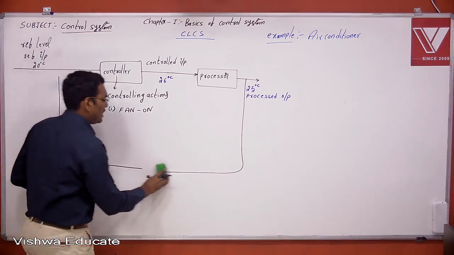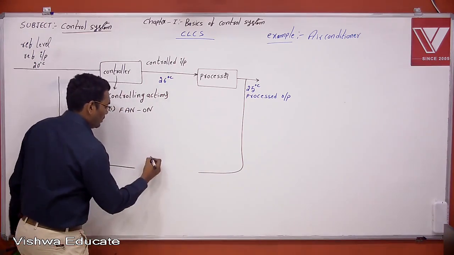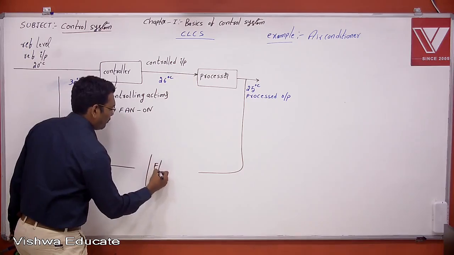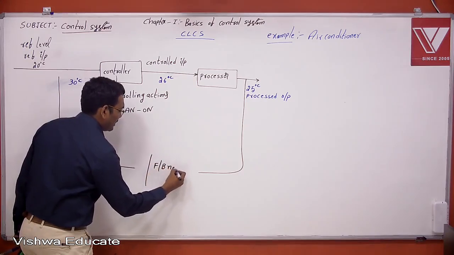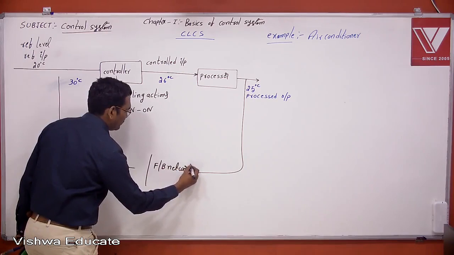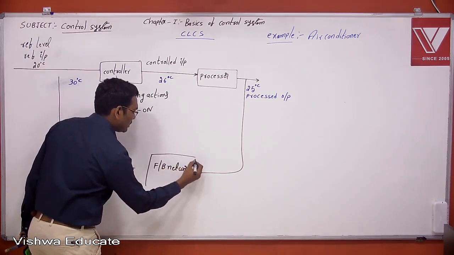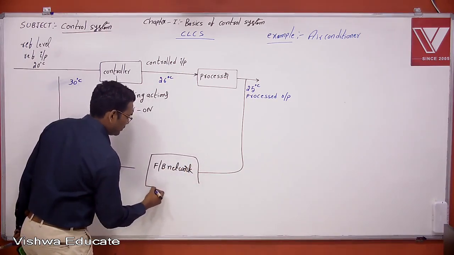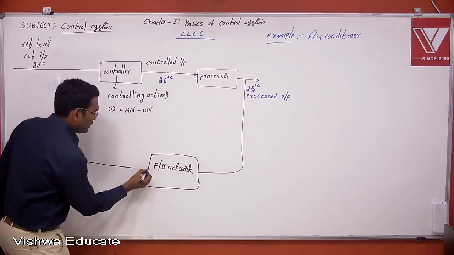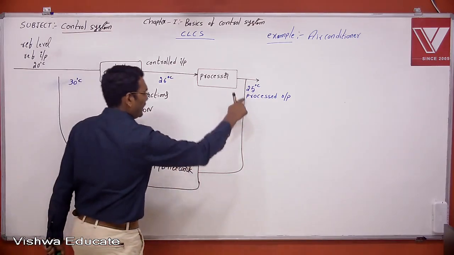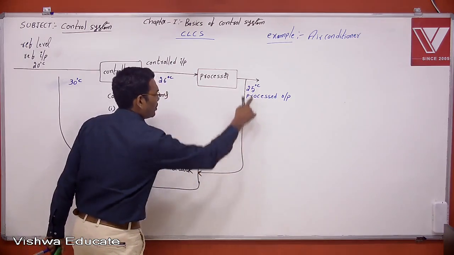That job is done by another block here, which is nothing but a feedback network. This is what we call the sensor. This is the feedback network. Now this feedback network will bring the processed output.